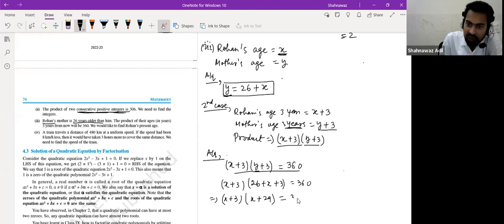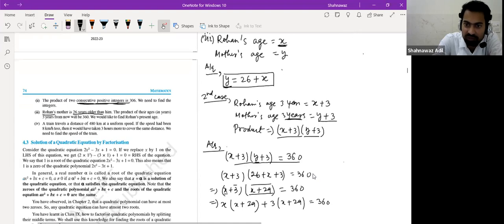Then we have to further simplify. x multiplied with this one, 3 multiplied with this one. So x times x plus 29, and 3 times x plus 29, equals 360.